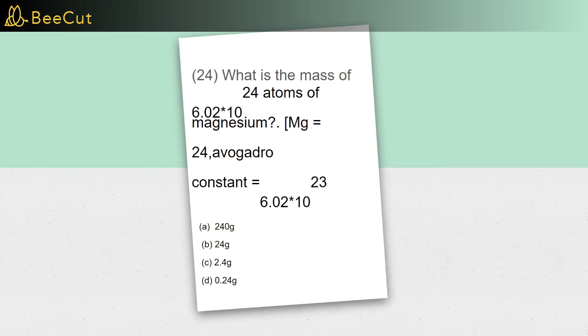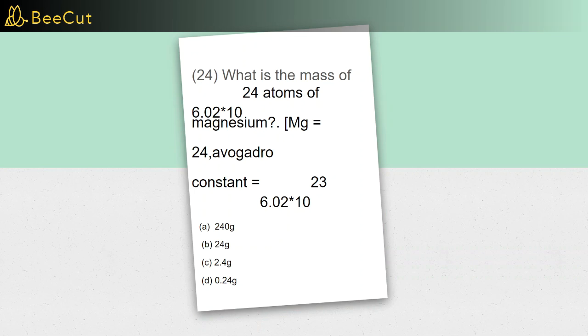That shows 6.02 times 10 raised to power 23 magnesium atoms is equivalent to 24 grams, whereby 6.02 times 10 raised to power 24 will be equivalent to, let's represent it by x.